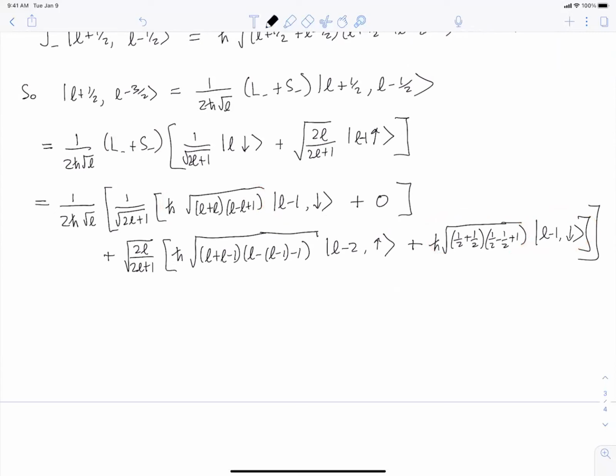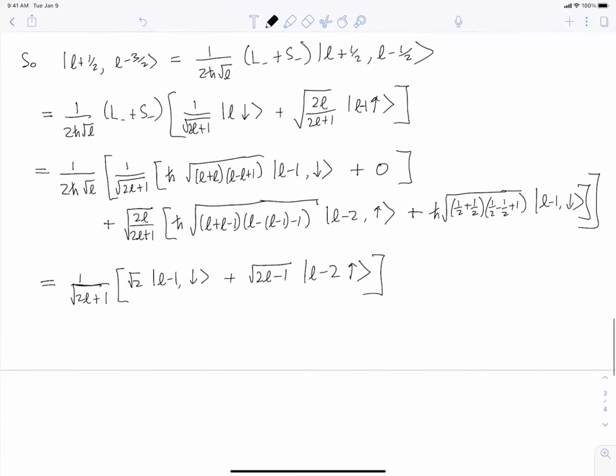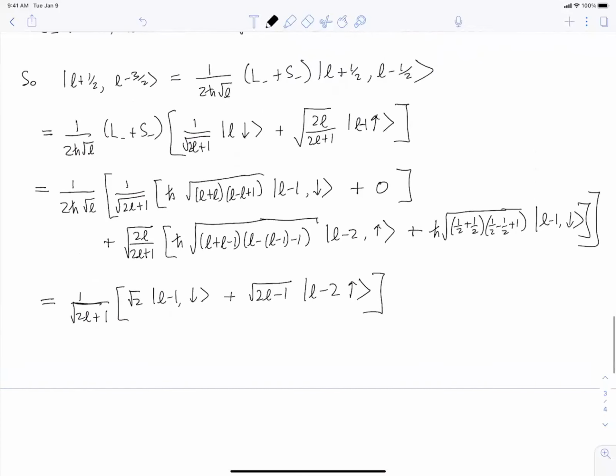And so the result will only have two things in it, and it simplifies to 1 over the square root of 2L plus 1 times square root of 2L minus 1 down arrow plus square root of 2L minus 1 L minus 2 up arrow. Okay, so we've constructed one more of these states. We've now constructed this state in the total angular momentum basis in terms of the product basis.